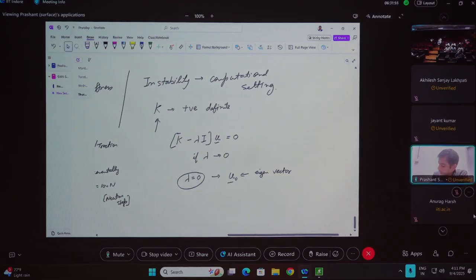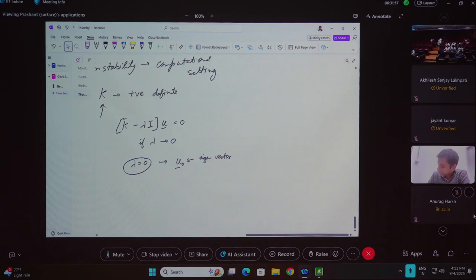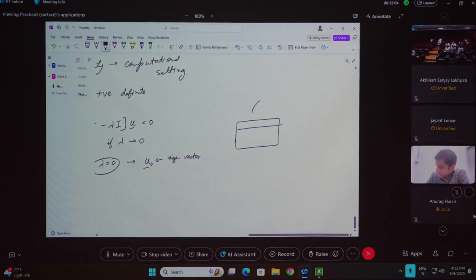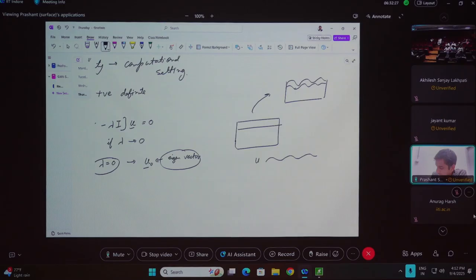In the case of the same problem that we had, going from this configuration to a more wrinkled configuration, your eigenvector corresponding to the zero eigenvalue would probably be a displacement that looks like this, with a small waviness.